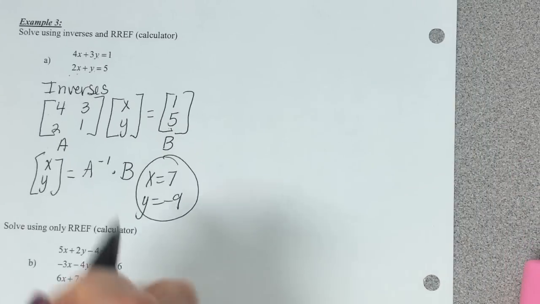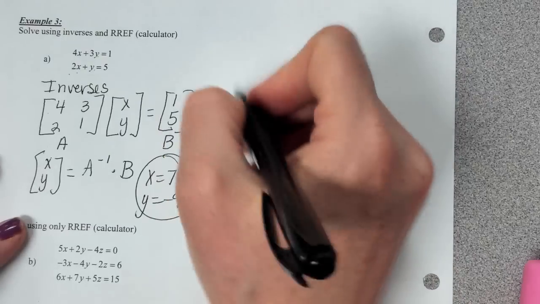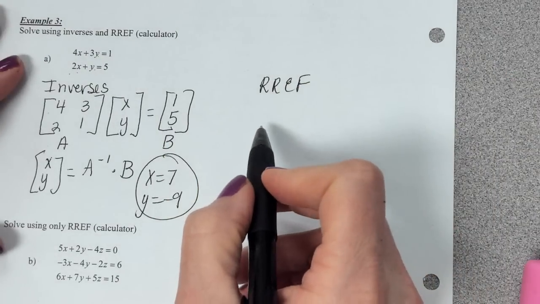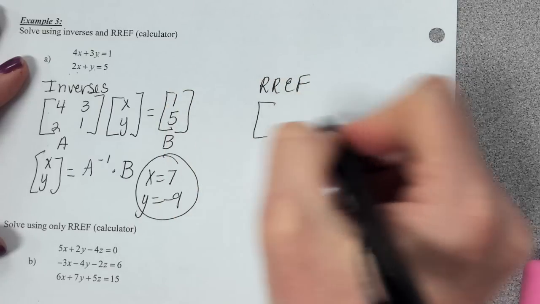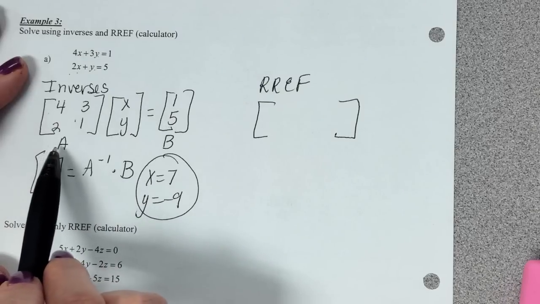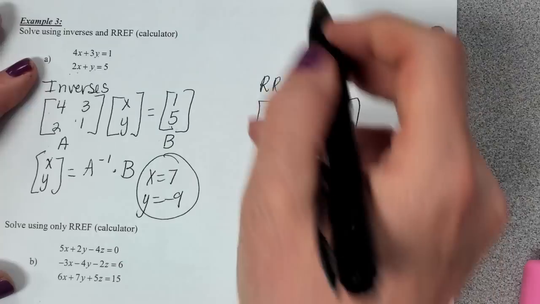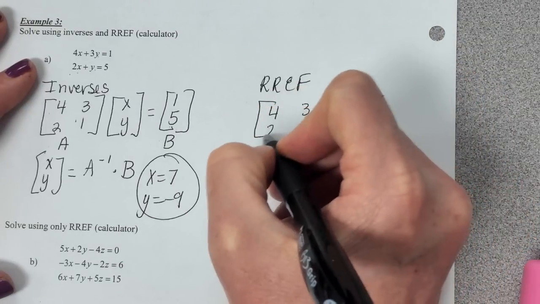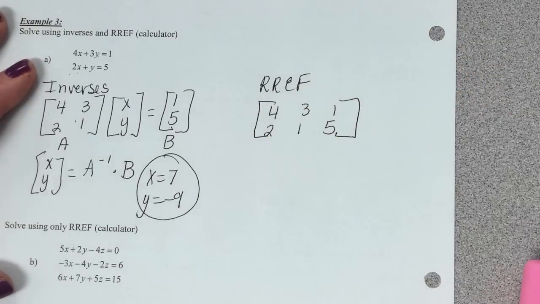So look at the difference between using inverses versus using RREF, reduced row echelon form. If I'm doing this with reduced row echelon form, I don't need to have two matrices of A and B. I just make one matrix. It goes 4, 3, 1, 2, 1, 5.